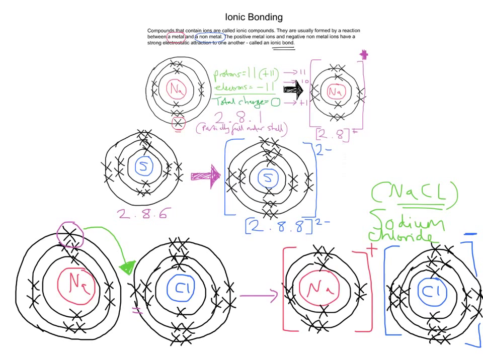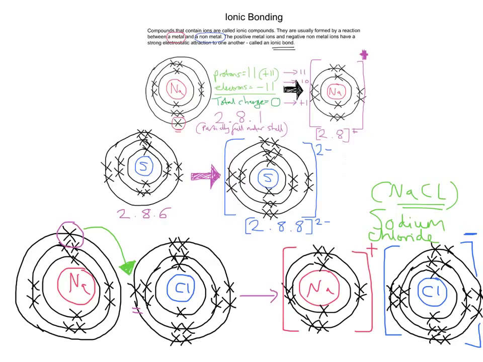Sometimes in exam questions they just simply draw the outermost shell, and that's one way just to really speed up your answer. So if you wanted to do that, you could just draw a sodium atom again with the 1, and you could have the chlorine atom with the 7 electrons, and equally when you draw the ions you can just represent the full outer shell there.